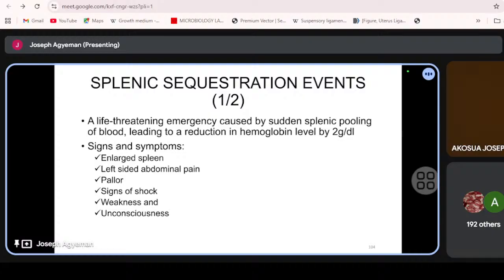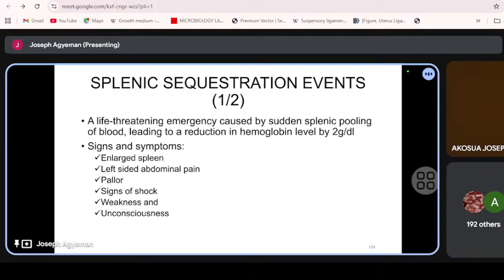All right. So, splenic sequestration. You can have pooling of blood within the spleen to the extent that it can even drop your Hb. If you have high levels of blood being pooled within the spleen, it can also lead to a reduction in blood volume. That can lead to hypovolemic shock.